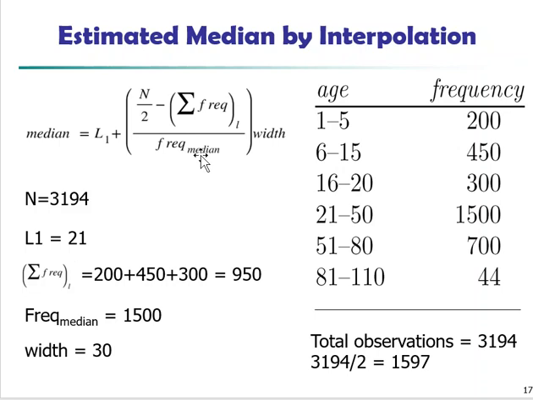The frequency of the median is the count of observations in the group that holds the median. So we have 1500. And the width needed here is 30, the range of the group that holds the median value.